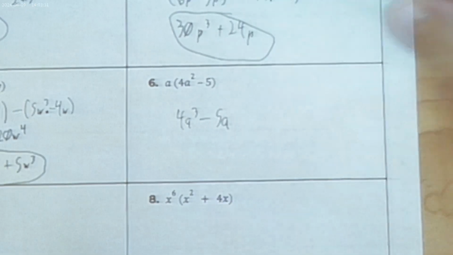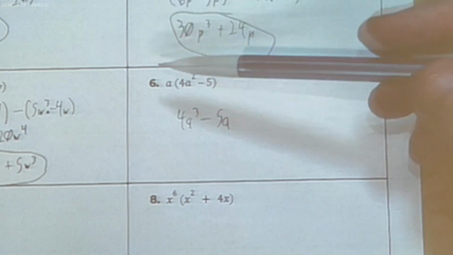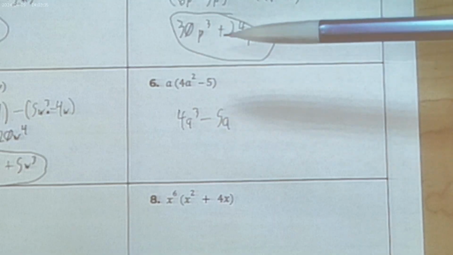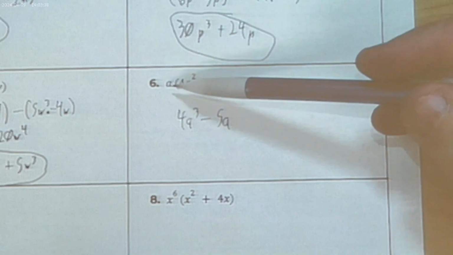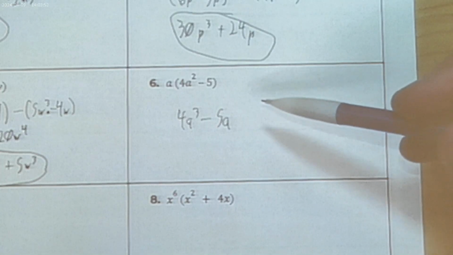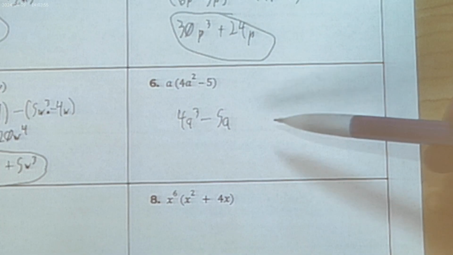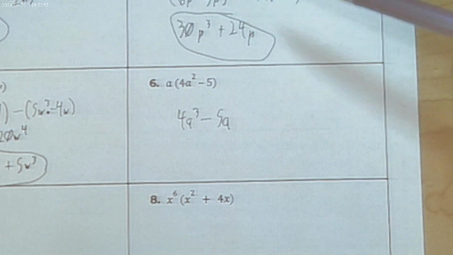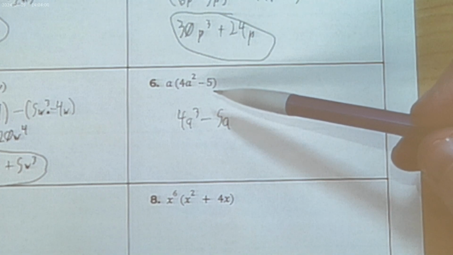I know it's going to be 4a to the third minus 5a, because multiplying it through, a times a squared is going to be a cubed, and then minus 5a is going to be a. Even if I can appreciate the fact that for a lot of folks this is new to them, and that for a lot of the students this is probably the 6th time they've seen this problem, I would hope by now they can look at it and say, I think I can probably do this without pen and paper.